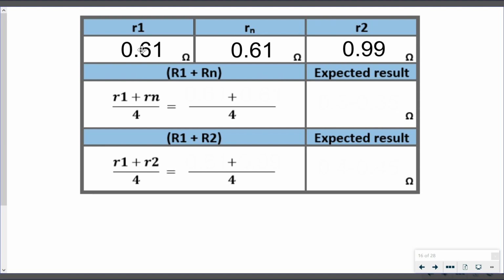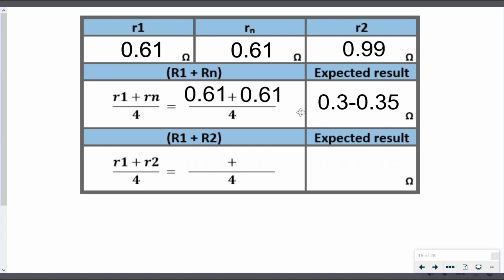So for R1 plus Rn, we take the R1 value and the Rn value and plug them into our calculation. 0.61 plus 0.61 divided by 4 gives us an expected result of 0.3, and in the real world 0.3 to 0.35 if we're factoring in some contact resistance through the switch and the socket outlet.